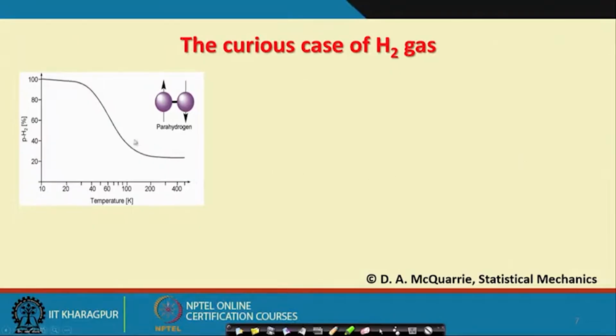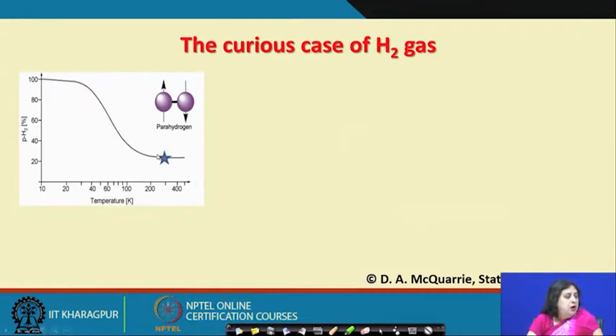Now, this particular picture that I have shown here assumes that at every temperature the percentage of para-hydrogen is a function of temperature, and at a given temperature this is the percentage of para-hydrogen if para-hydrogen is residing at equilibrium with orthohydrogen at that temperature.